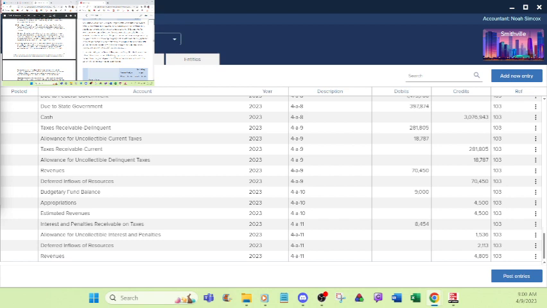What? Why are they saying that the general fund pays the water utility fund? I mean, no, the opposite. They're saying the water utility fund pays the general fund in lieu of taxes. No, we're talking about the enterprise fund providing services to the general fund. What is going on here?